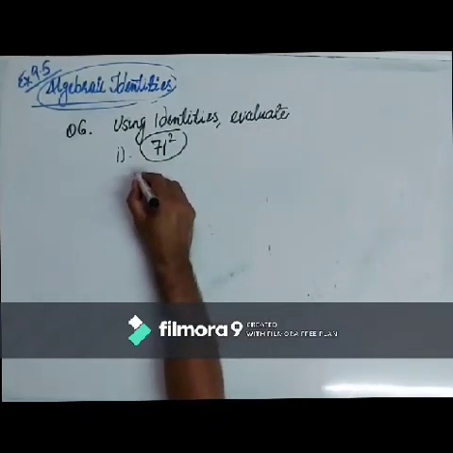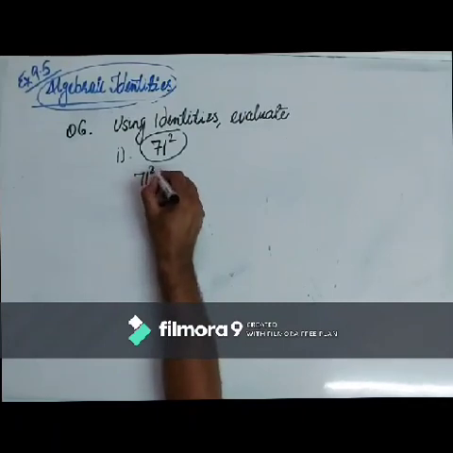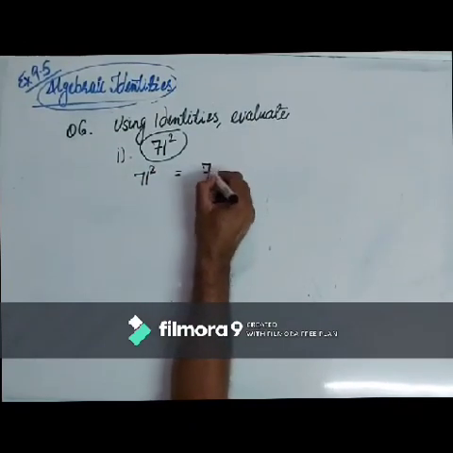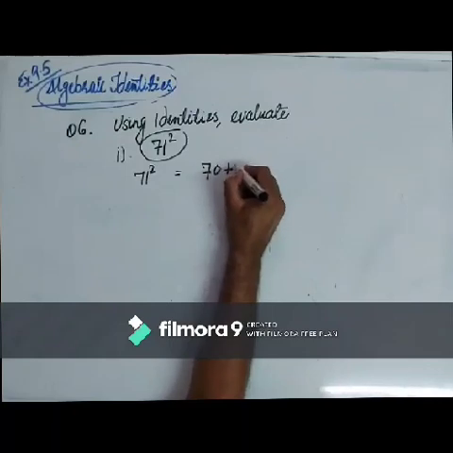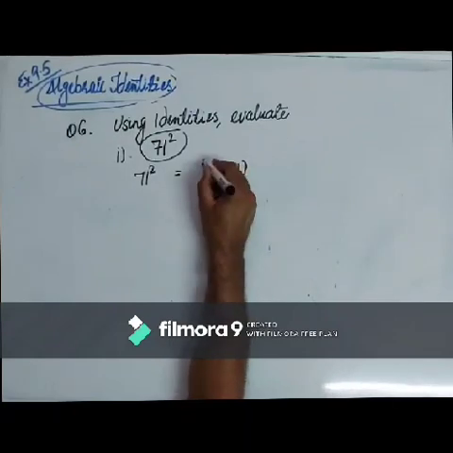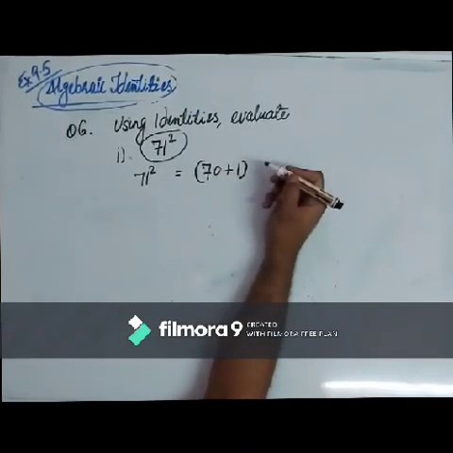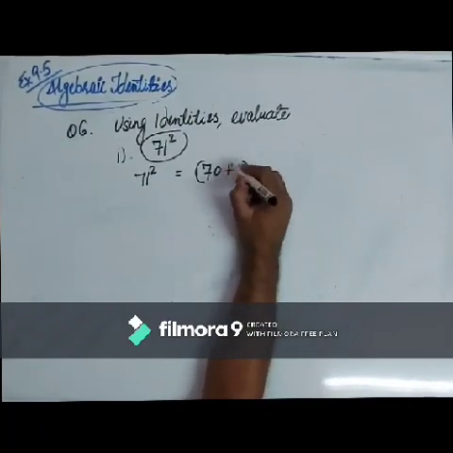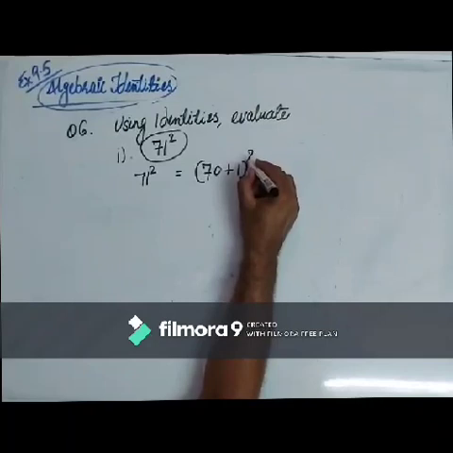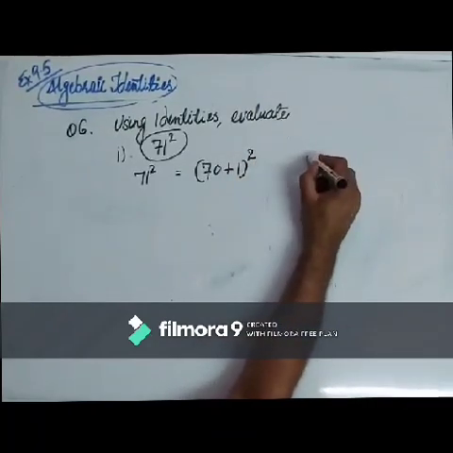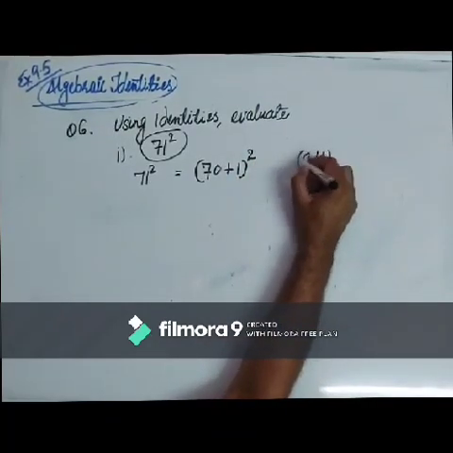First of all, try to write 71 whole square as 70 plus 1 whole square. Just try to resemble this question with the identity. So what is it? A plus b whole square.